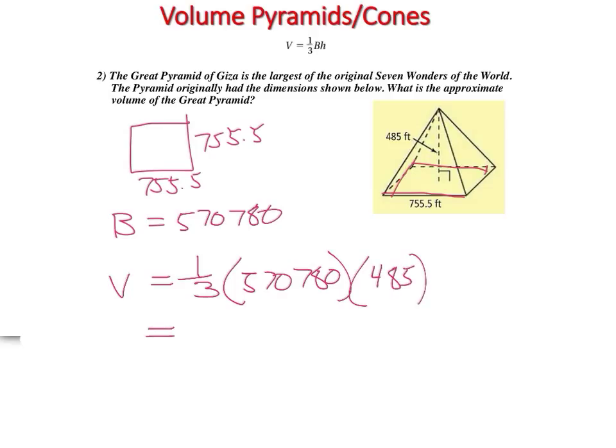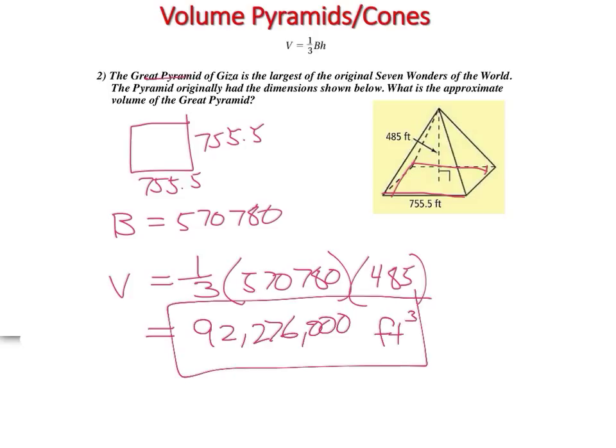Okay, so multiplying that together, we'll get 92,276,000 cubic feet. So that's why this Great Pyramid, one of the 7 wonders of the world, is so famous: because of its size.